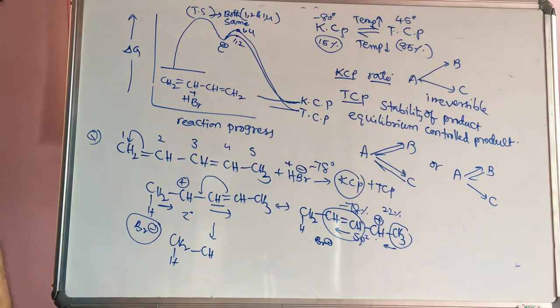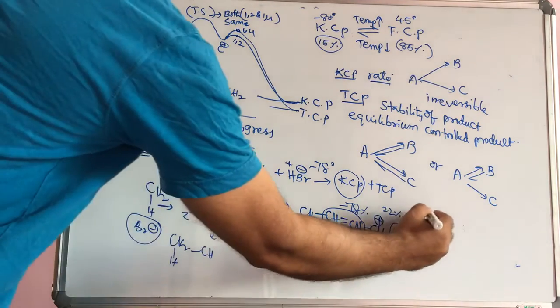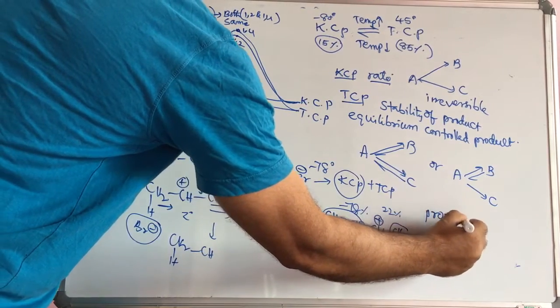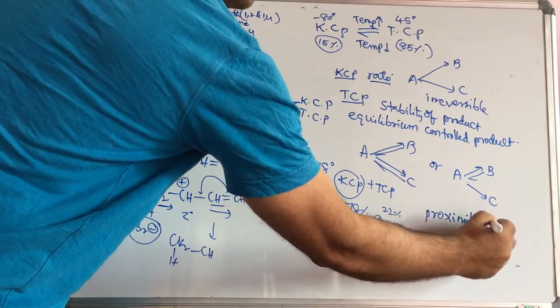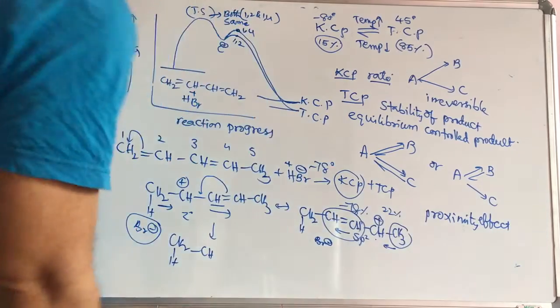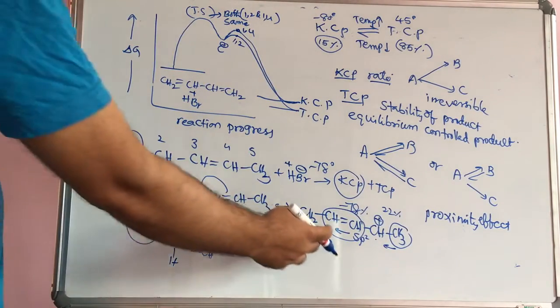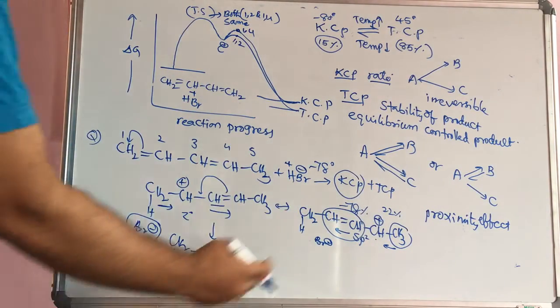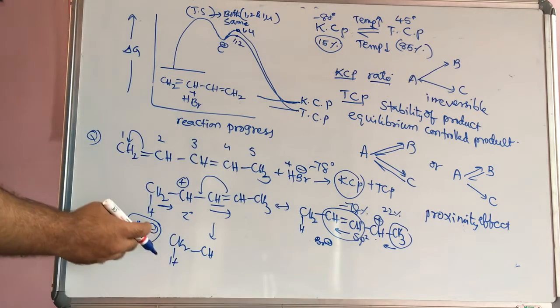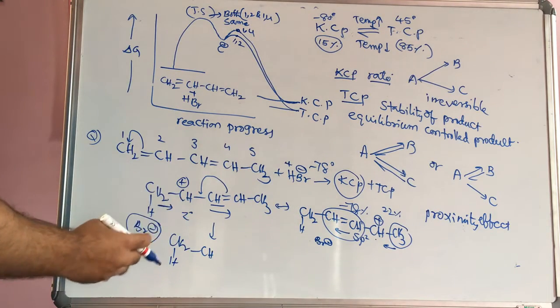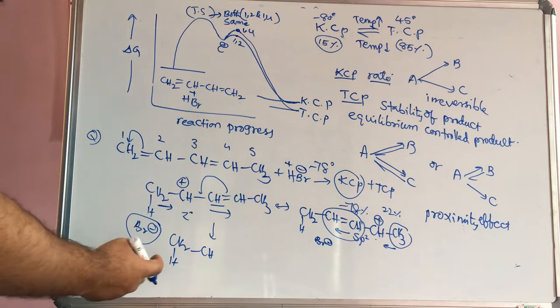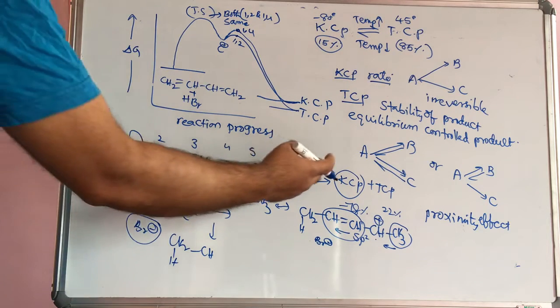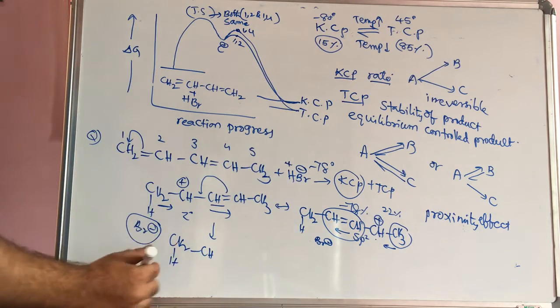This is called the proximity effect. According to the proximity effect, Br minus is away from this carbocation, so it is less stabilized. Br minus is near to this carbocation, so it is more stabilized. That's why we will get, at minus 78 degrees Celsius, the 1,2 product as the major product.